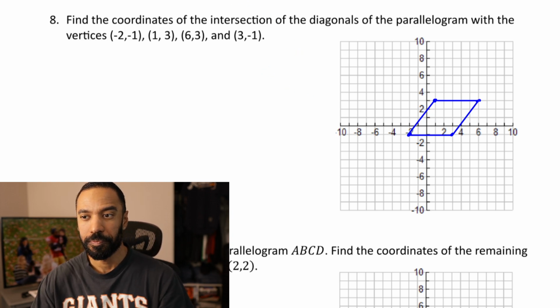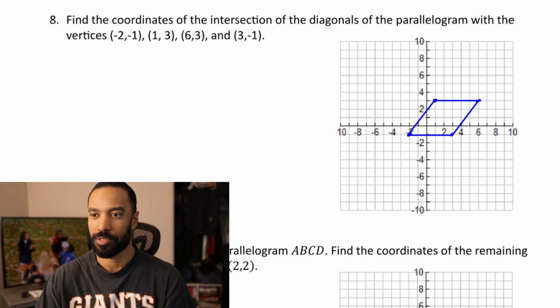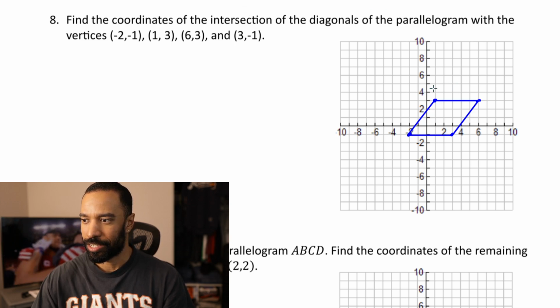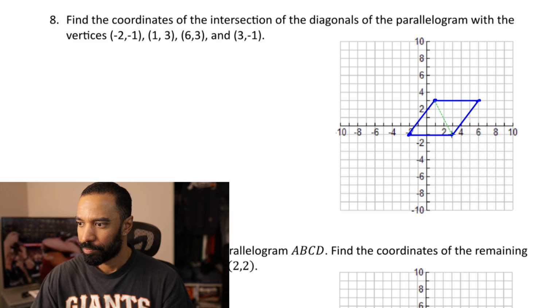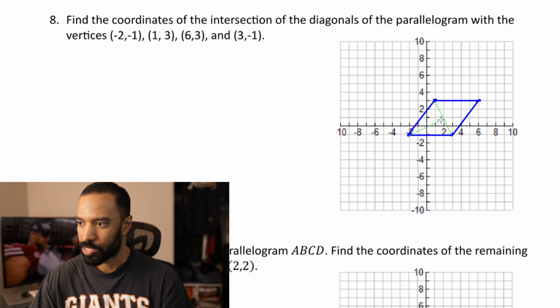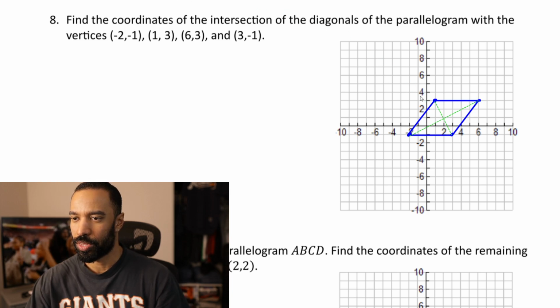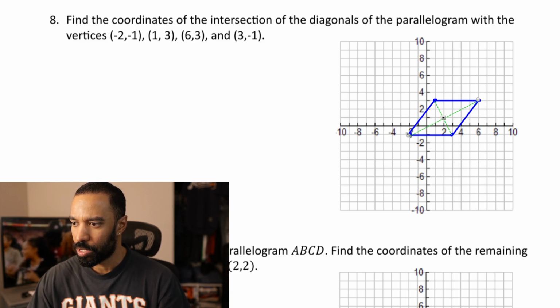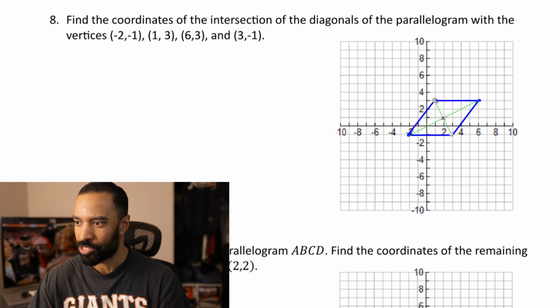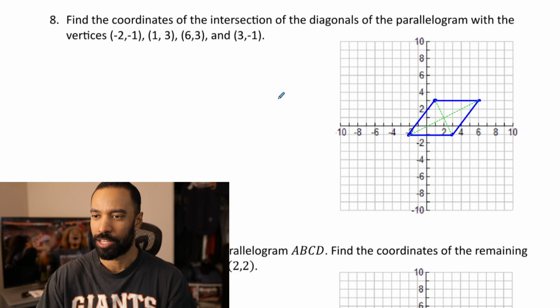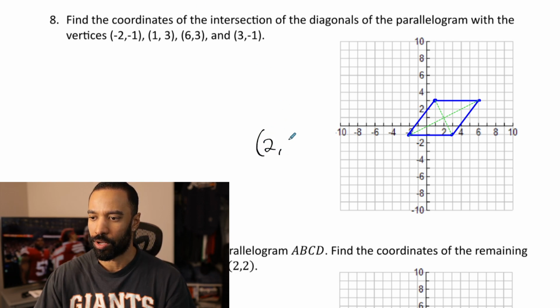For other problems, I'd love to work off those parallelograms. Okay, I'm going to draw the diagonals in a dotted green line here, going across there and going across there. Now, if you have a ruler and you draw the lines, or if you have the tool that I have, which doesn't snap perfectly, then you can probably surmise where these are meeting, which looks like it's 2, 1. If we want a final answer already, 2, 1 is going to be it.